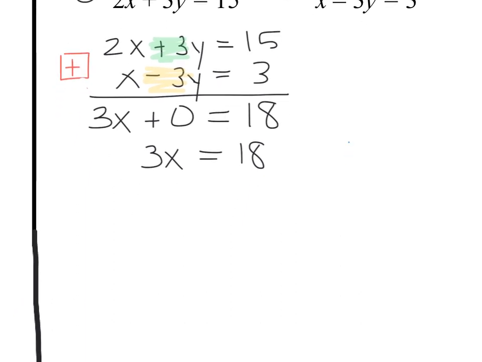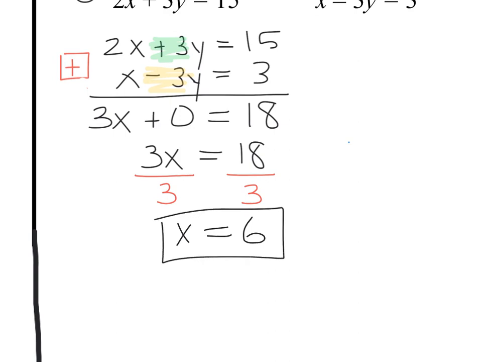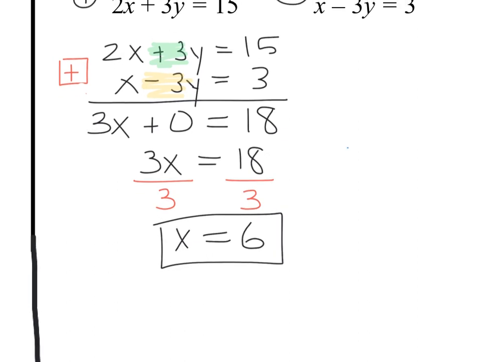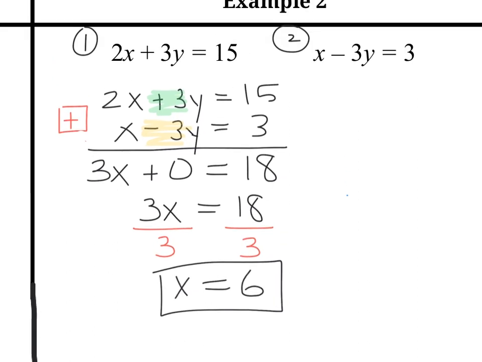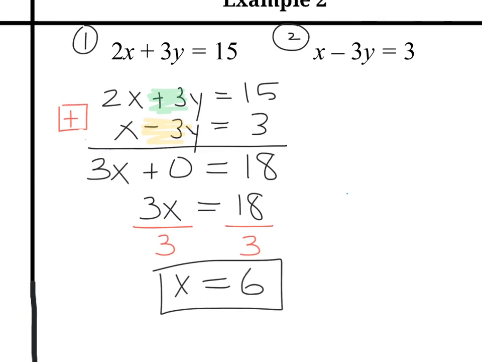And then we just need to isolate for x. So to isolate for x, I'm going to divide both sides by 3. So x is going to give me 6. So there's my x value. And then, like before, it is your choice. You could take your x value and substitute it back into equation number 1 or equation number 2.